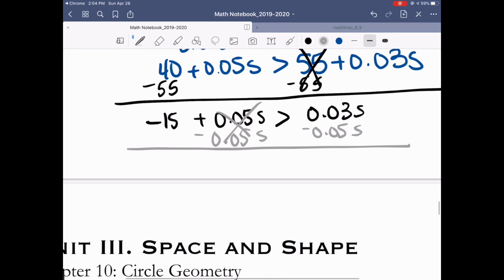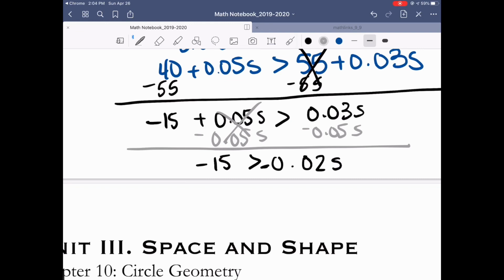Then you have negative 15 is greater than 0.02 S. And then what you have to do now is just isolate for S. Sorry, this is negative 0.02 S.